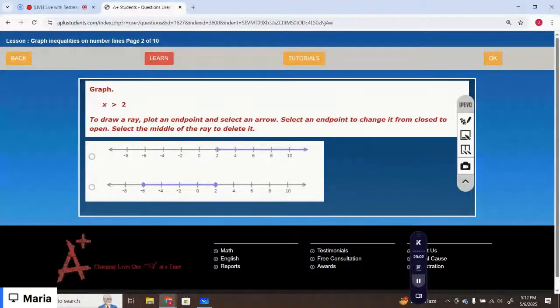Graph x is greater than 2. So which is the correct option? Option number one is the correct option.